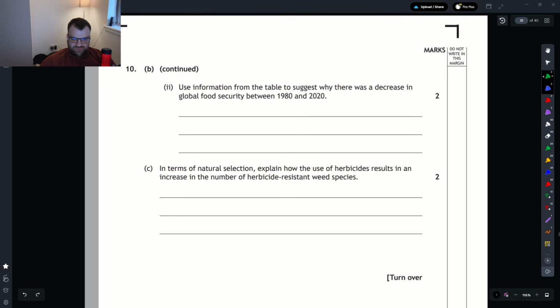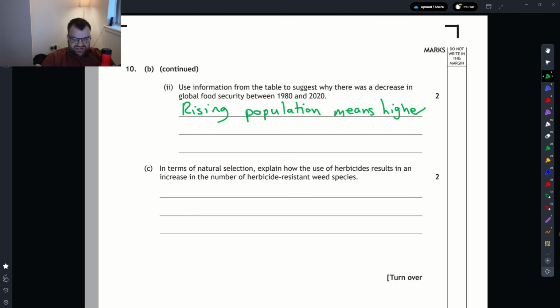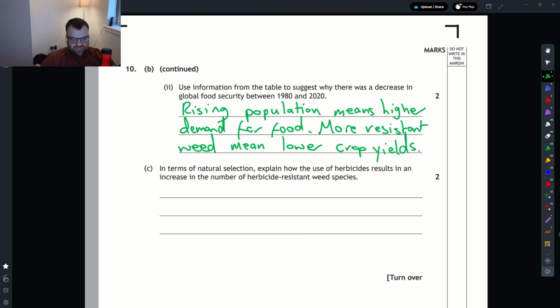Could it be either or both? It's 2 marks, so both. So a rising population means a higher demand for food, and then more resistant weeds means lower crop yields. Crops being the bits that we want, the wheat or whatever it might be.